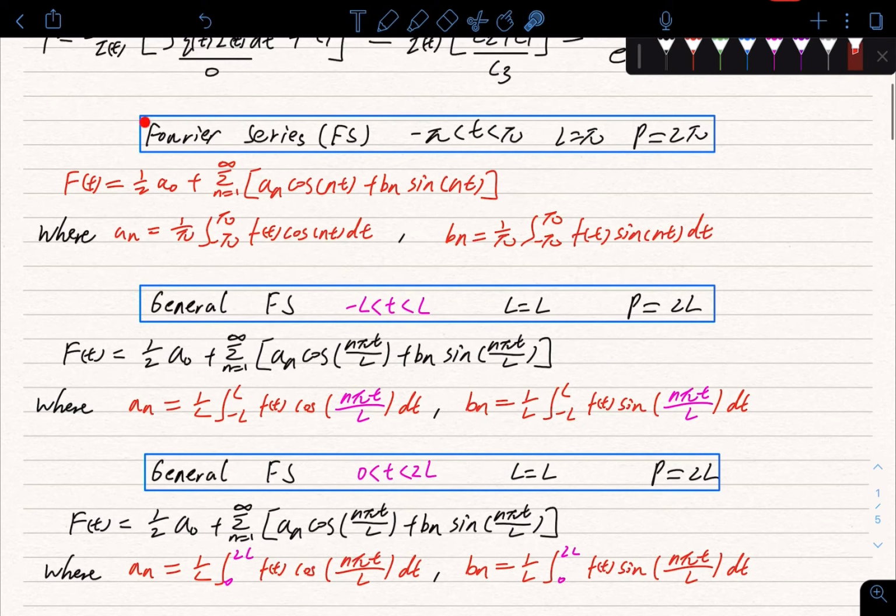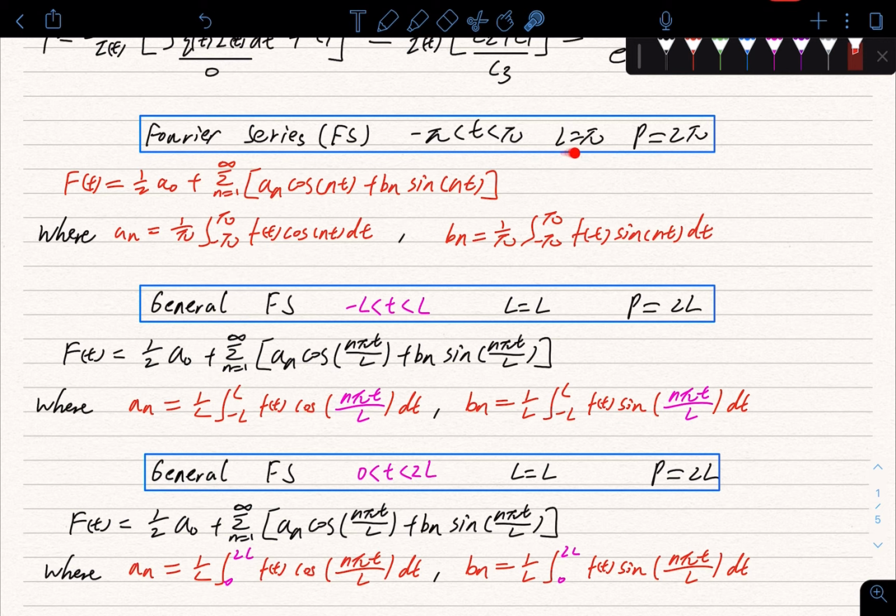So the first Fourier series, which is right here, is not a general Fourier series, but it is a common Fourier series that you'll often encounter. What's interesting about this one is that t is in the domain of negative pi to pi, with L, which I interpret as length, being pi, and a period of 2 pi.